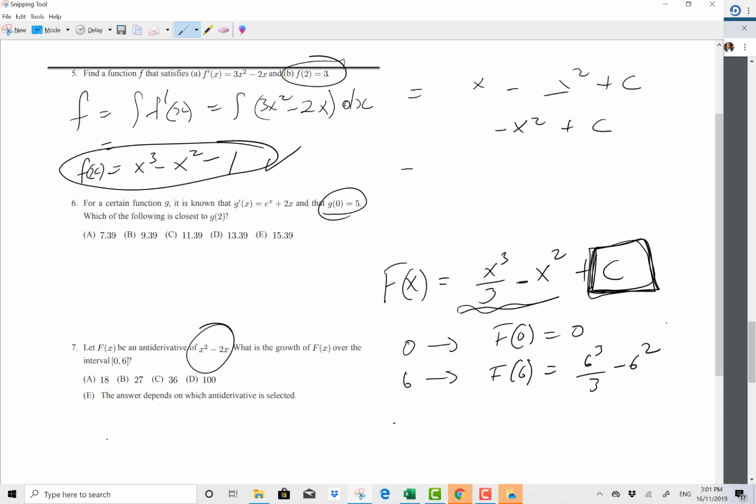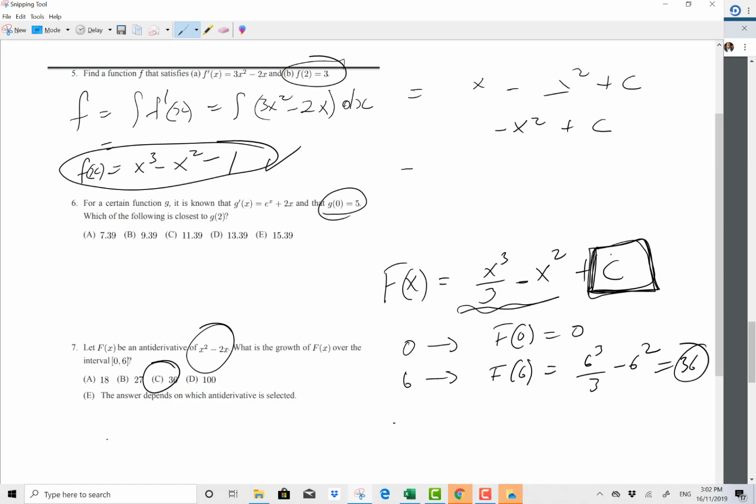If I work that out real quick, 6 cubed divided by 3 minus 6 squared gives me 36. So the function is growing 36 units.